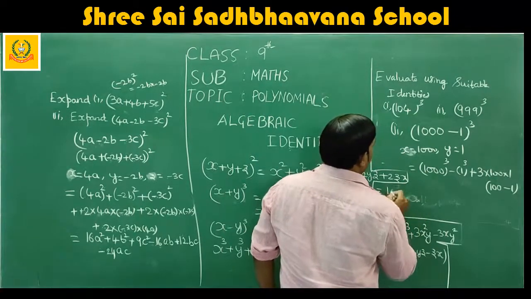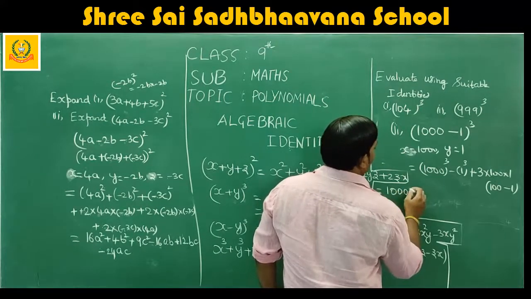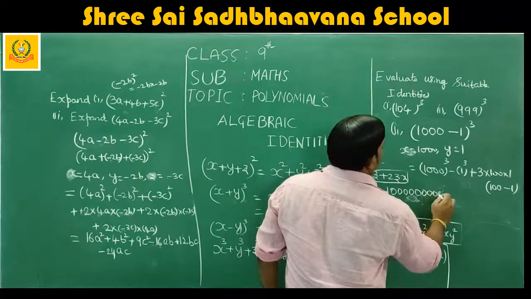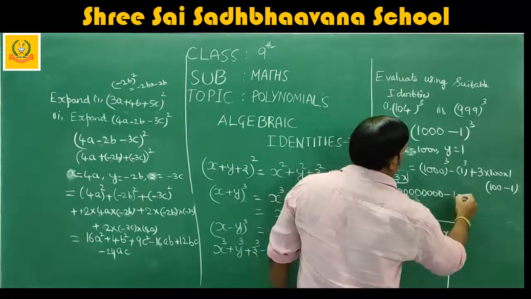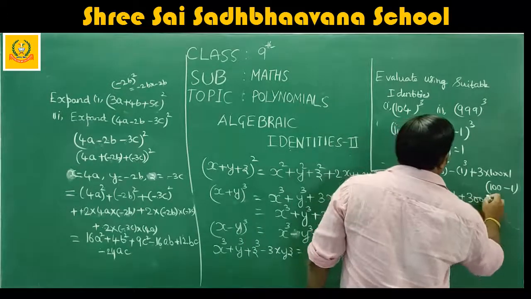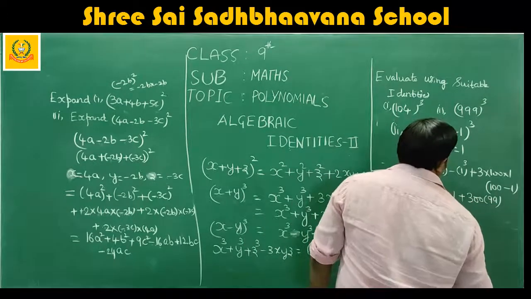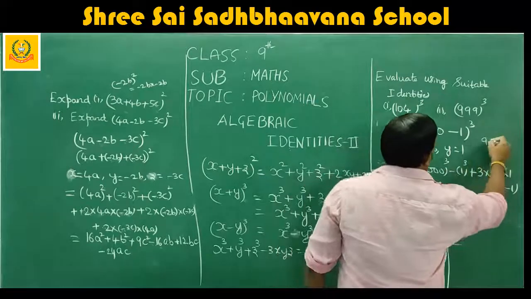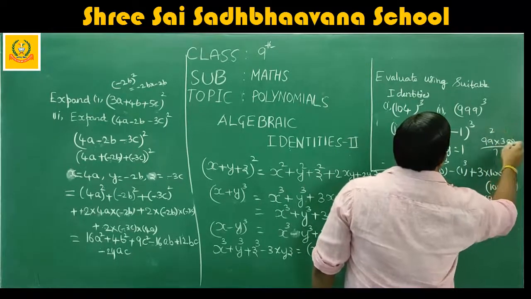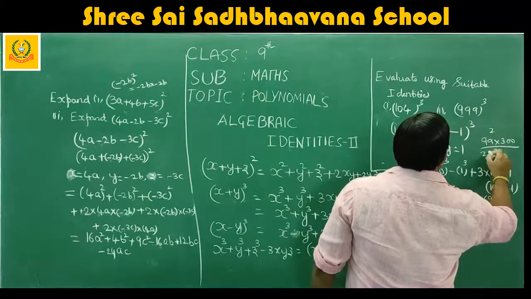Obviously you get more zeros, 3 times, again one more 3 times, minus 1 plus 300 into 99. So you just multiply 99 with 300. How much do you get? 3 nines are 27, 3 nines are 27, 29.